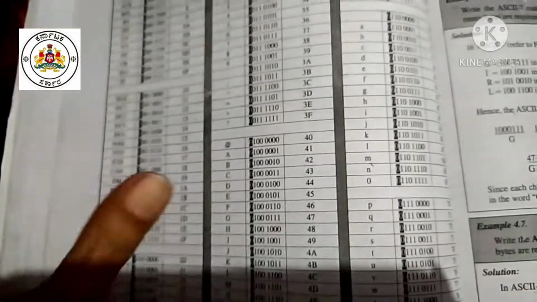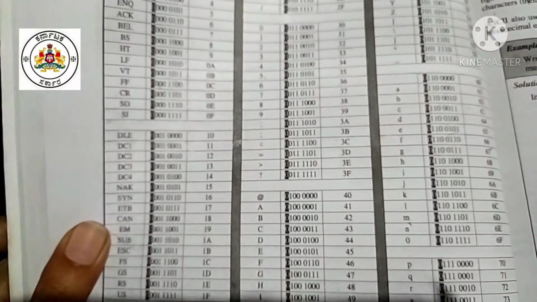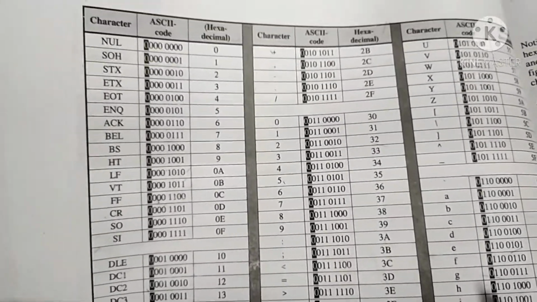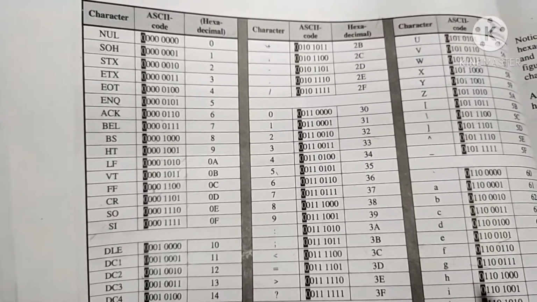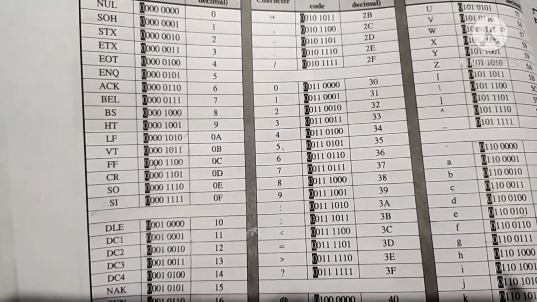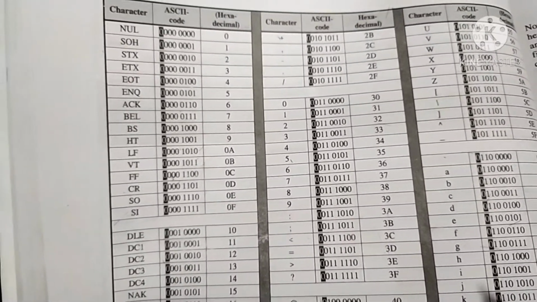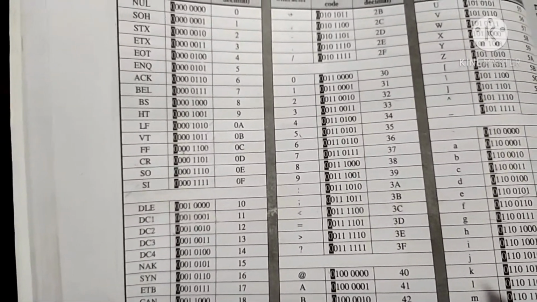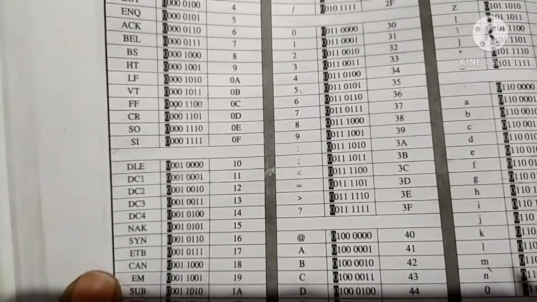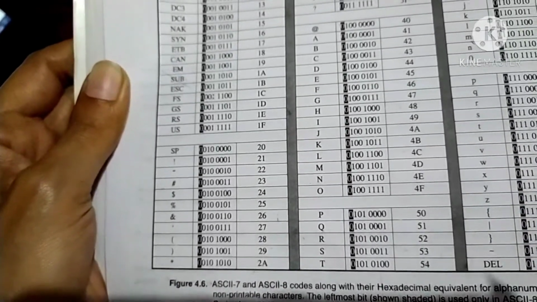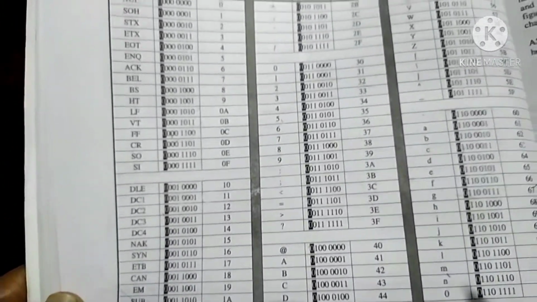See here, this is the ASCII code sheet. Here you can observe that for each and every character there is a machine language. All the keyboard characters are present in the first column: numbers or digits from 0 to 9, all the special characters, and alphabetical characters.